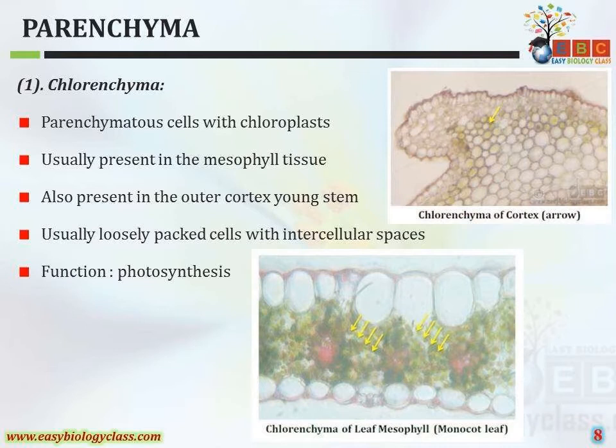Parenchymatous cells with chloroplasts are termed chlorenchyma. They are usually present in the mesophyll tissue, and also in the outer cortex of young stems. They are usually loosely packed cells with intercellular spaces, and their function is photosynthesis. You must know it, since they have chloroplast and chlorophyll. Definitely their main function is to undertake the process of photosynthesis.